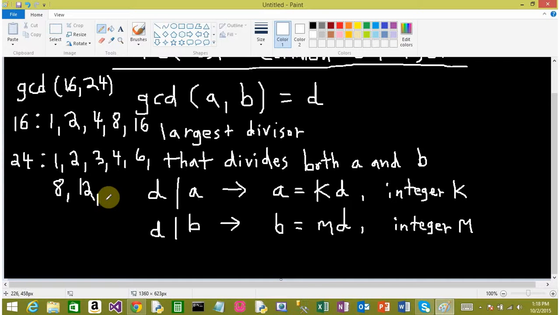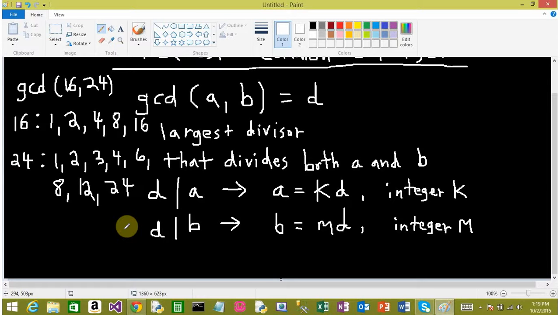Looks like up to 24. Right, so those are all the divisors of 24. 1, 2, 3, 4, 6, 8, 12, 24.